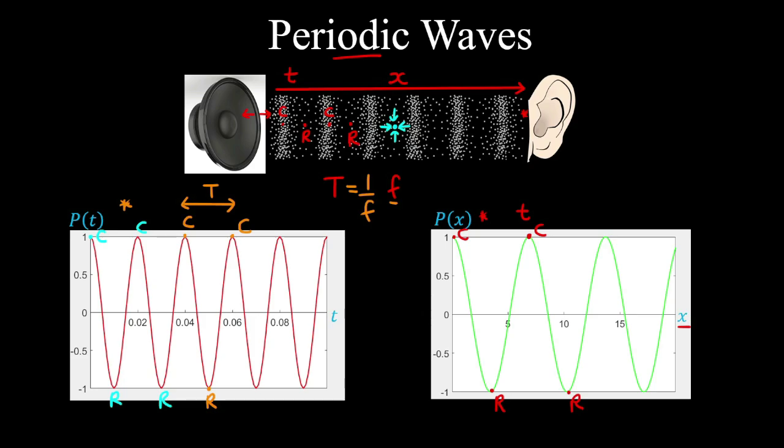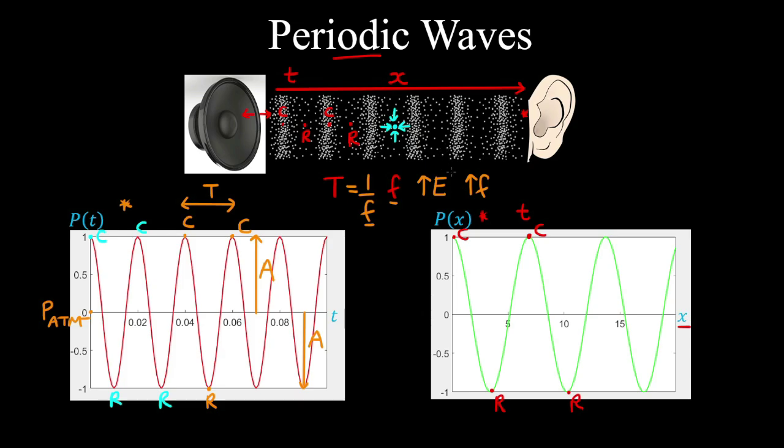Now the amplitude is the magnitude of the maximum increase in pressure or decrease in pressure from the equilibrium pressure. So we may take our reference pressure initially as the atmospheric pressure for the air medium. And the energy of a wave increases with an increasing frequency.